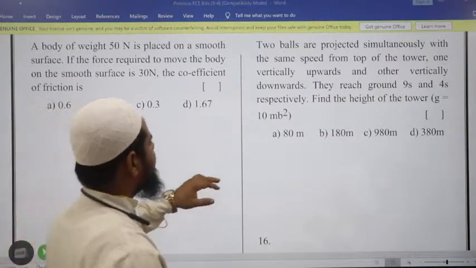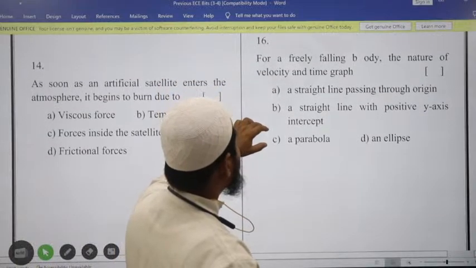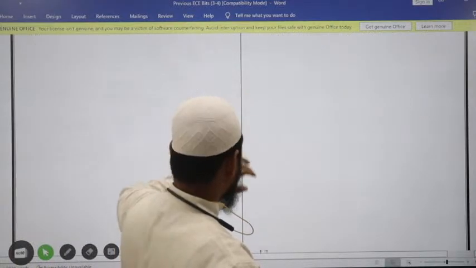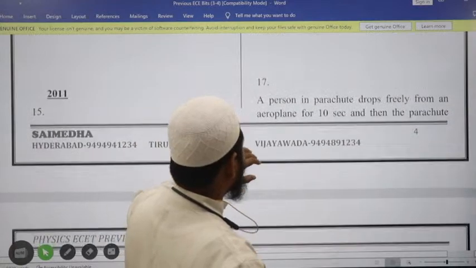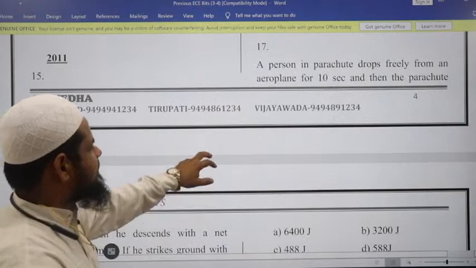Move on to the next problem. This one is a little bigger. Problem number 17.